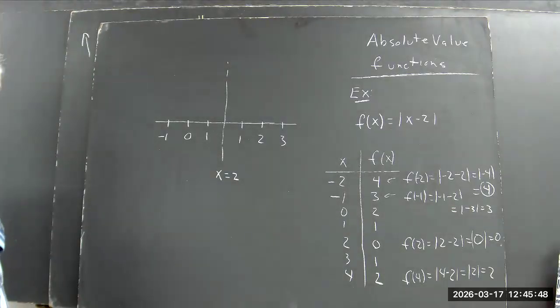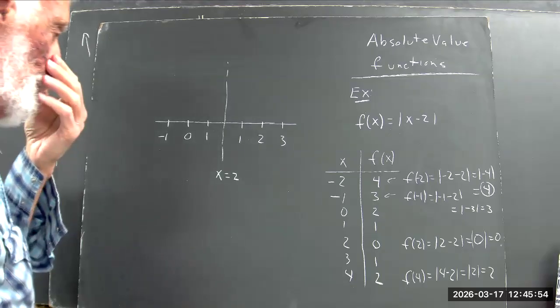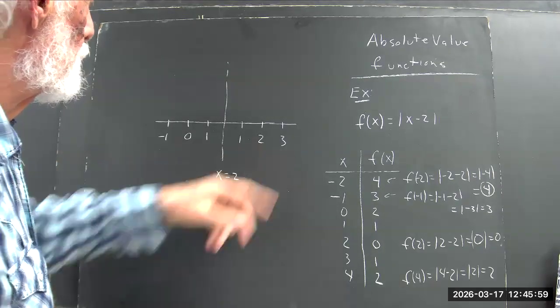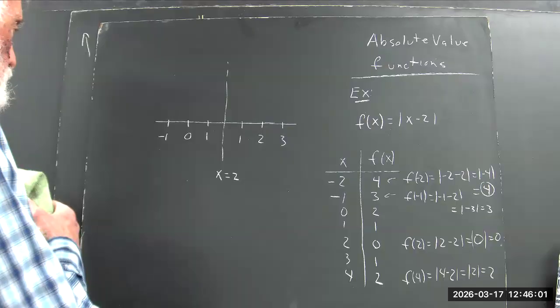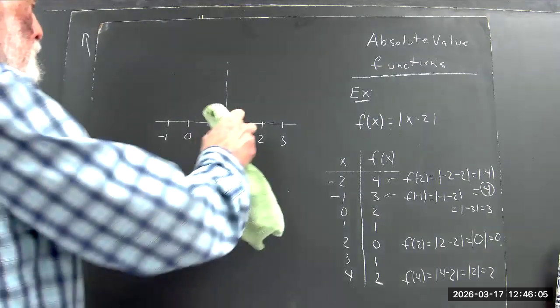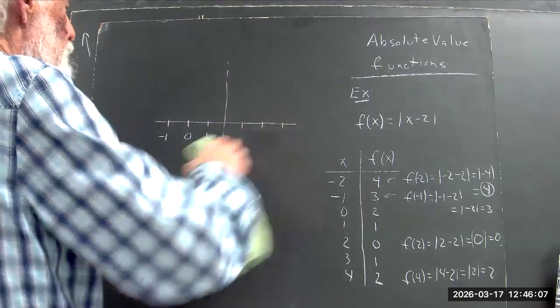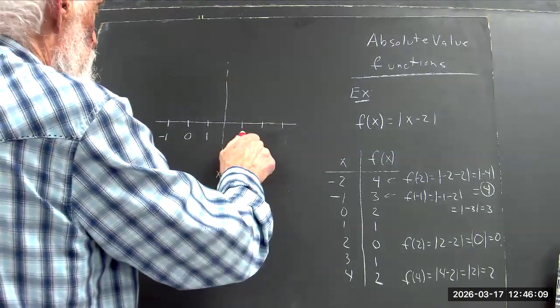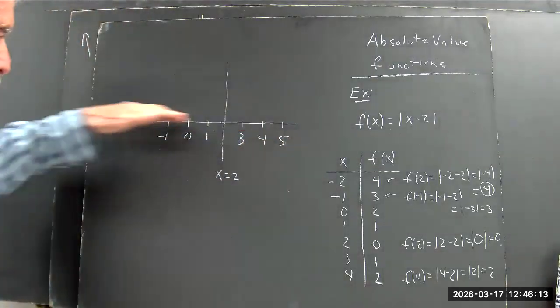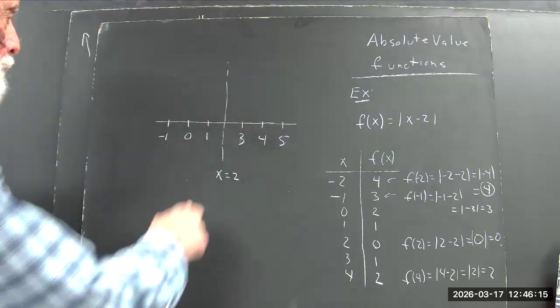Now let's ask a question. How far is x from 2? Okay, here I've got a number line and I've got x equals 2 marked right here.